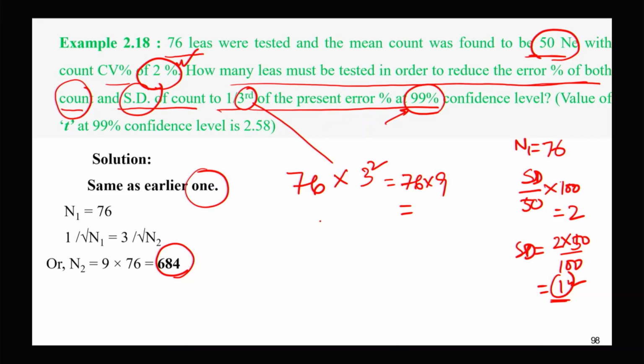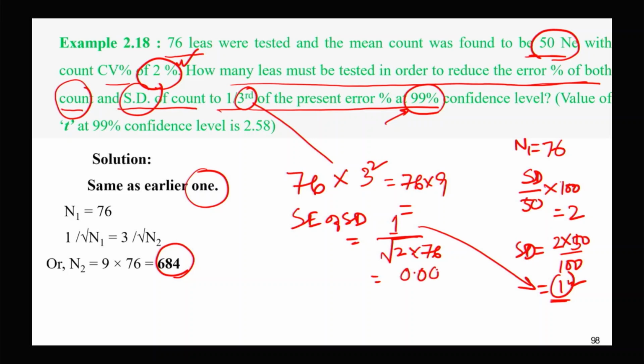For calculating t value, the standard error of standard deviation will be 1 by under root 2 into 76, because 1 is the standard deviation. So standard error of standard deviation will be 0.006.